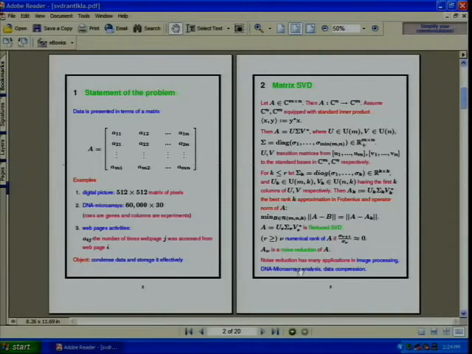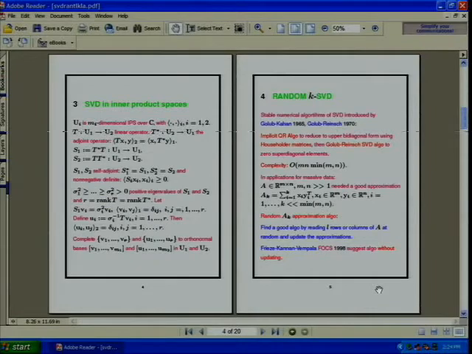So this noise reduction applies in image processing, DNA microarray, and data compression. Now how about data compression? Why is it important in data compression? It is essentially a problem in very big data. So what you do, you take vectors, which are rows and columns.